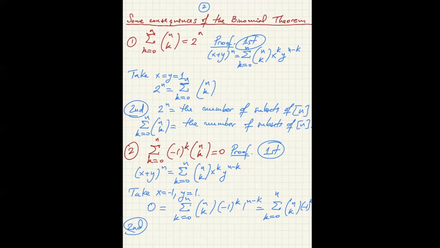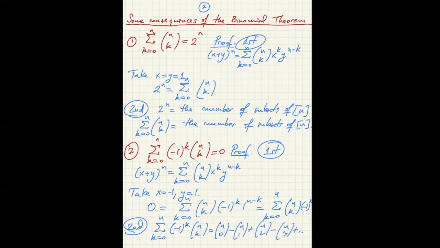What exactly is the left-hand side? If you expand it, what type of expression do we get? The left-hand side of this sum, the summation of k equals 0 to n of minus 1 to the k times n choose k, is something of the form n choose 0 minus n choose 1 plus n choose 2 minus n choose 3 plus and so on.